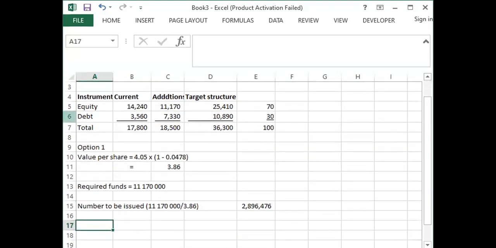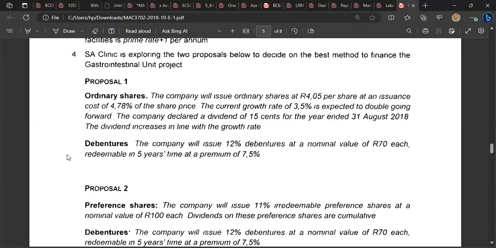All right. What about debt, which is debentures? Let's see what the value of those debentures is. The company will issue 12% debentures at a nominal value of 70 rand each. So we already have the nominal value. We are not told about any expenses incurred, so we are going to work with 70 rand, right?